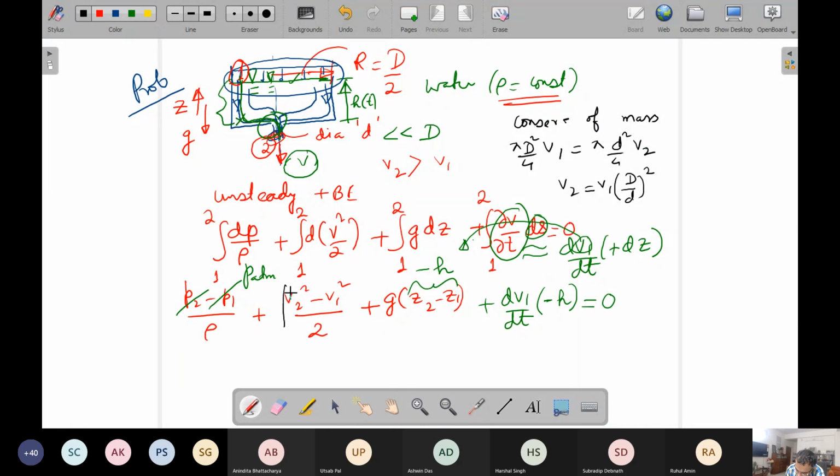The objective of writing that is that now we will write V2 in terms of V1. So V1 square into 1 minus, other way, V1 square into (small d by capital D) square minus 1, right? This by 2.